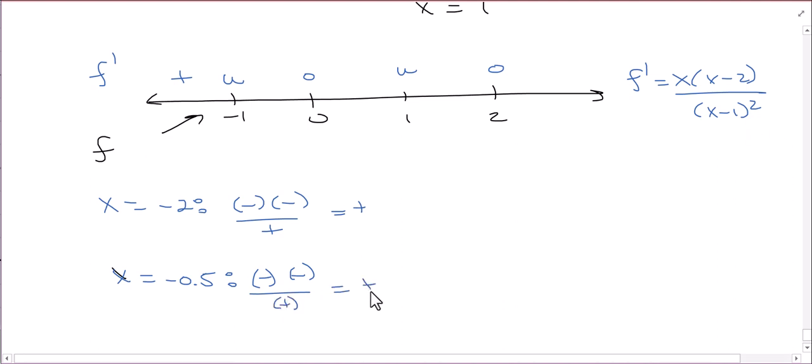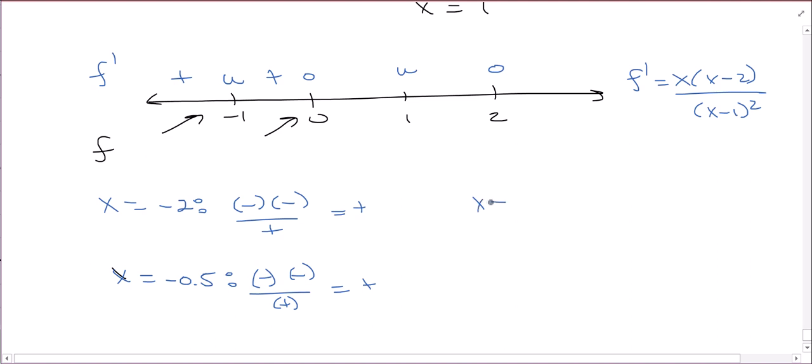So you're going to have positive again. So the function is increasing, and then at negative 1 it continues to increase. So the derivative here is positive, so between negative 1 and 0 it continues to increase. So that's interesting there.